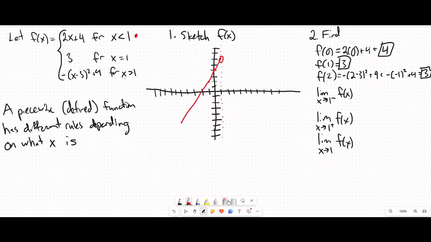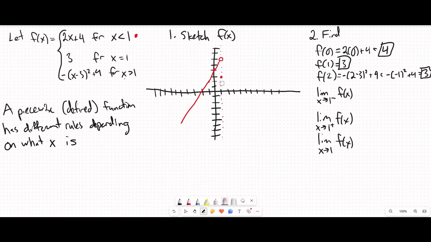So I'm going to erase this and draw that really clearly. We're going to have this little open circle at 6, representing that we don't actually use this value when x equals 1. Instead, when x equals 1, we're going to use the value 3.